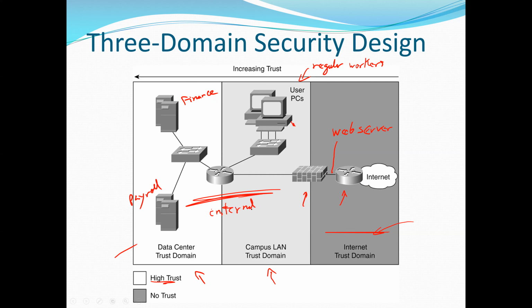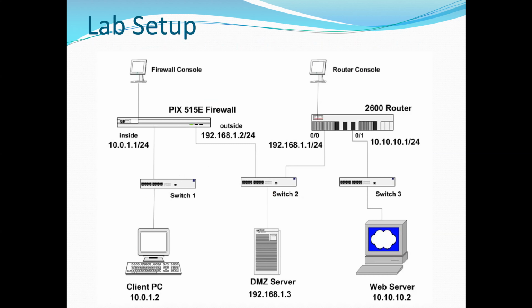So you can see that it kind of becomes that, where you have the router here, the firewall here, and this is the internal network. So your internal network is 10.0.1.0.